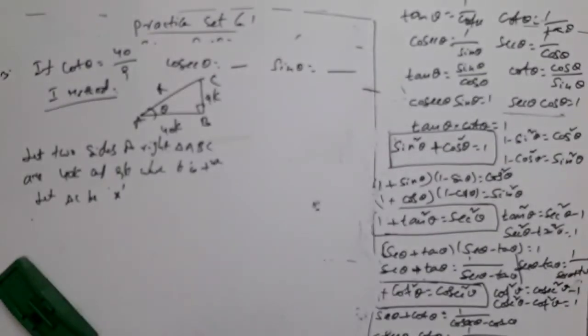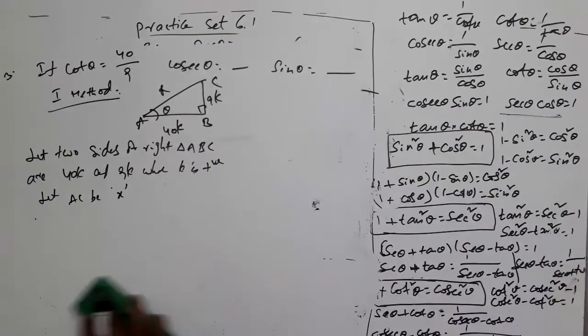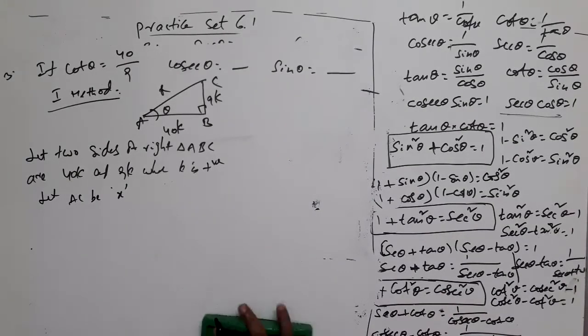And let third side, let AC be some X, right? X units. Yes, you know two sides, you want third side. So what will you do in the right angle triangle? Yes, third side can be found using Pythagoras theorem.